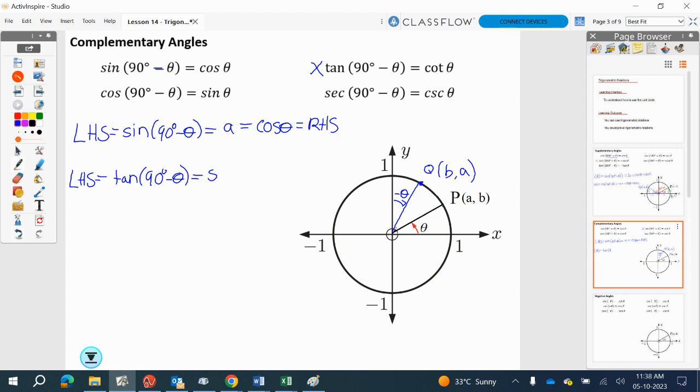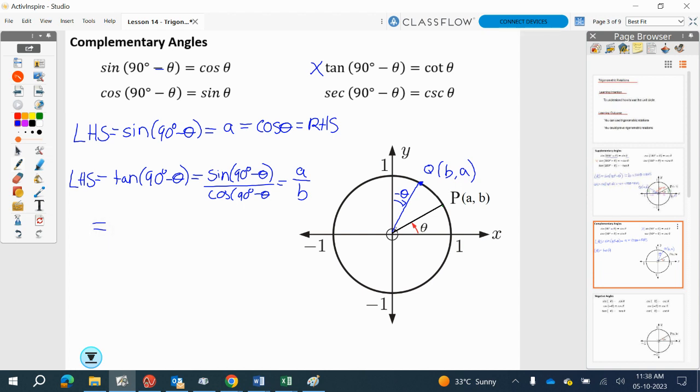This is equal to the sine of 90 minus theta over the cosine of 90 minus theta. And then at point Q, what is the sine value at point Q? The sine value would be A. What is the cosine value here at this one? B. So A over B.